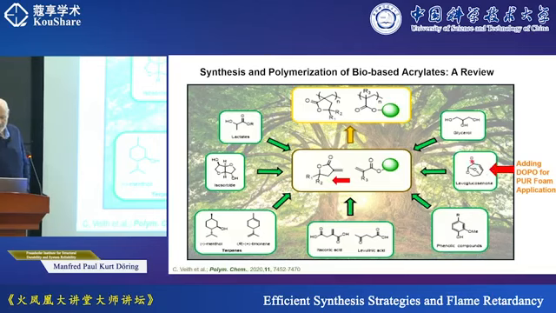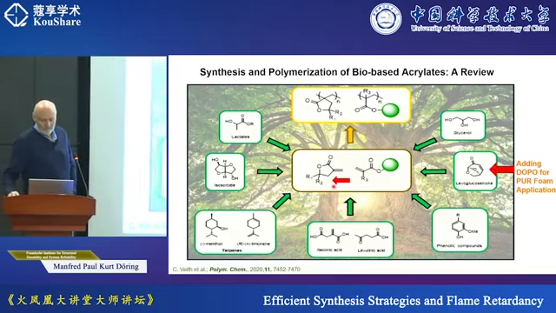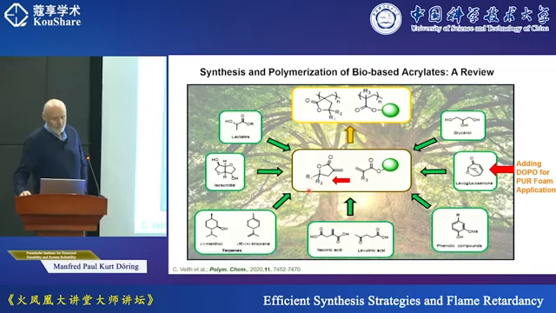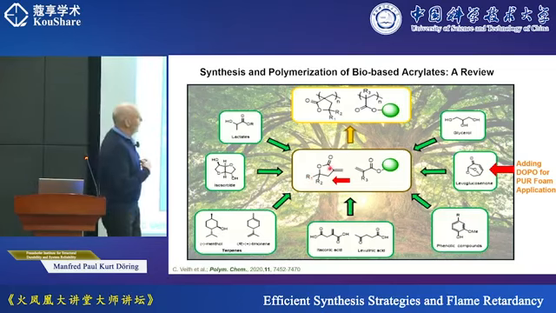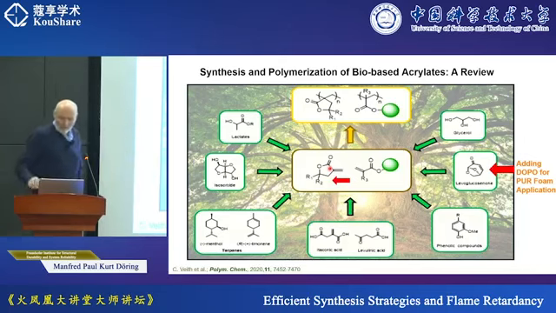And here are some synthesis and polymerization of bio-based acrylates in a review. I recommend to use that compound or that one to add DOPO or other phosphorus compounds and use it for polyurethane foams. We did it for this simple acrylate ester. We add DOPO, and in case of isopropyl or propyl over here, we get liquids, which were very, very effective in polyurethane foams.